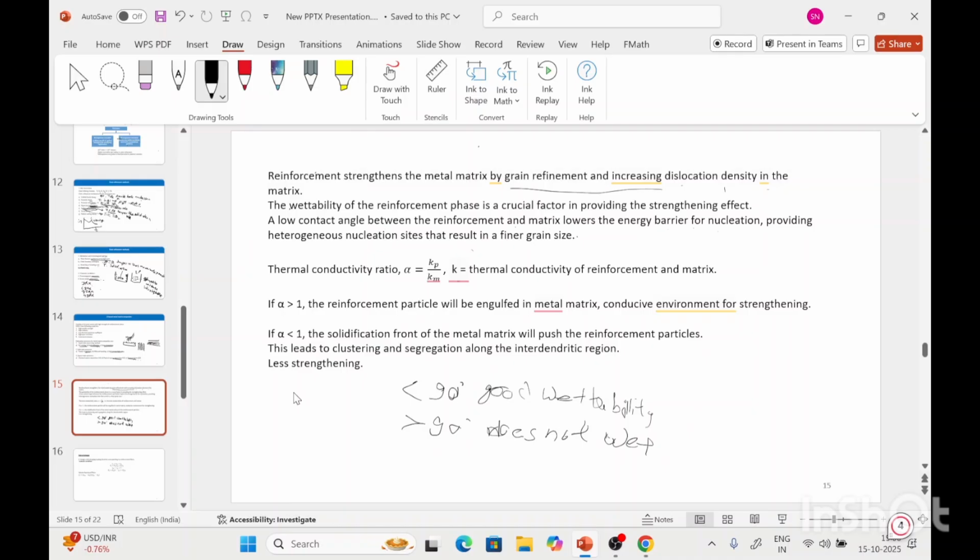The pushing of these particles will lead to clustering and segregation along the interdendritic region in aluminum alloy, so that will result in less strengthening. And if alpha is equal to 1, then a planar surface between matrix and reinforcement particle will form.